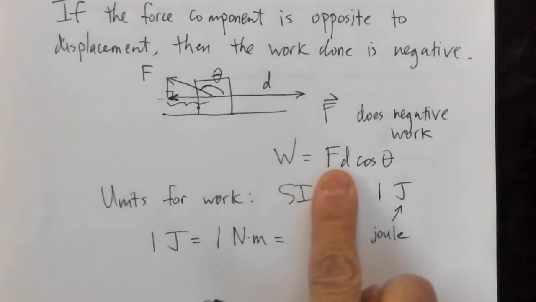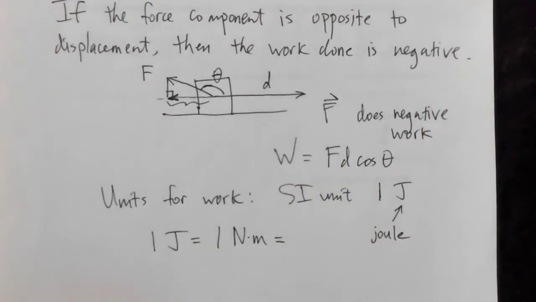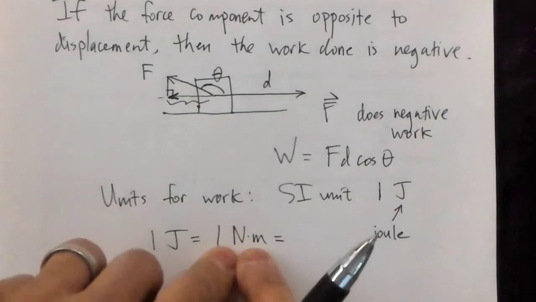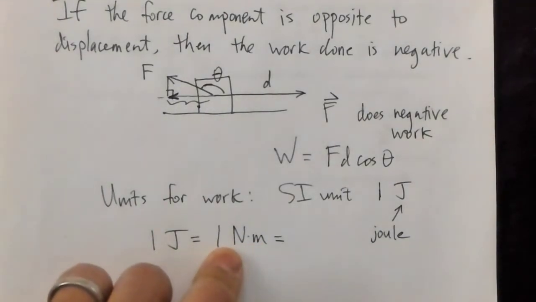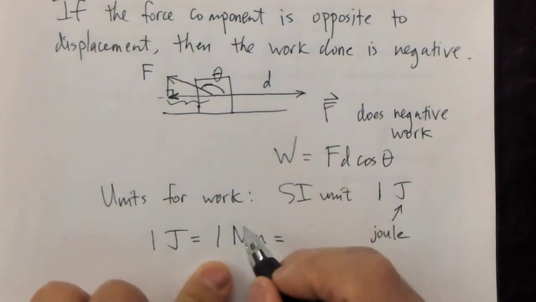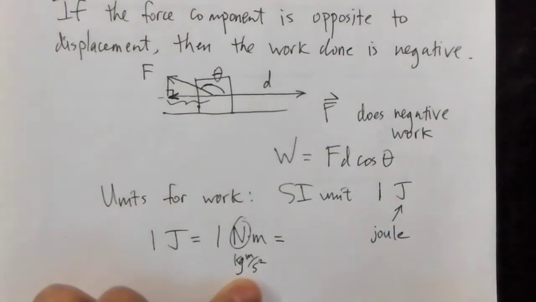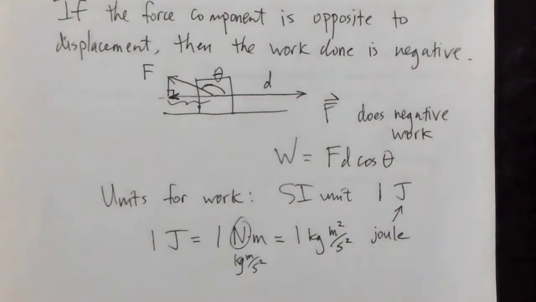Force has units of newtons, and distance or displacement has units of meters. So newtons times meters. If you wanted to pull out the more fundamental units, remember a newton is kilogram meters per second squared. So this ends up being 1 kilogram meter squared per second squared. Okay?